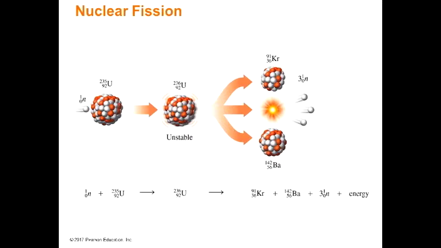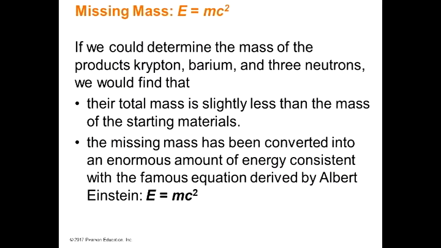And you get this plus energy, and that's a lot of energy. If we could determine the mass of the krypton, barium, and 3 neutrons, we would find that their total mass is slightly less than the mass of the starting material. That's pretty interesting, right? The missing mass has been converted into an enormous amount of energy, consistent with the famous Einstein equation, E equals mc squared.